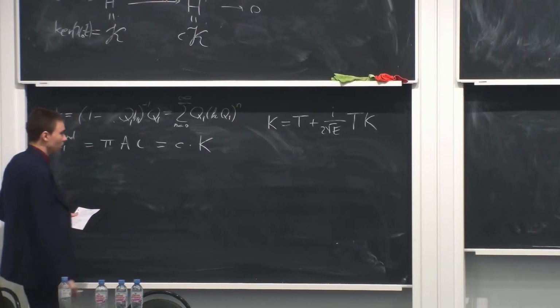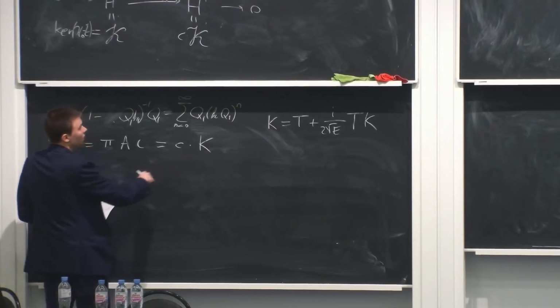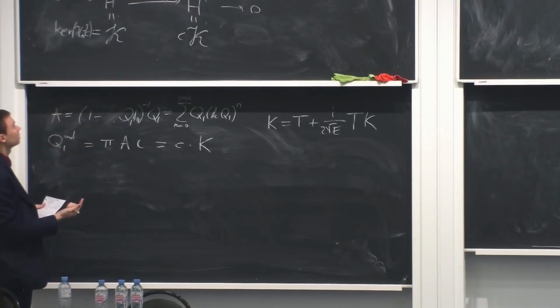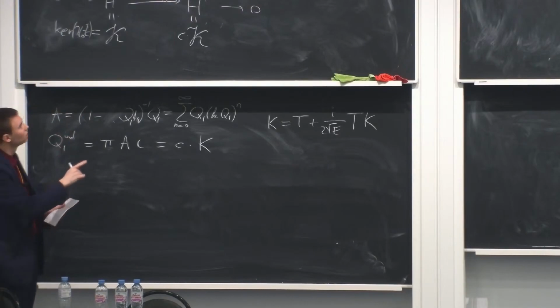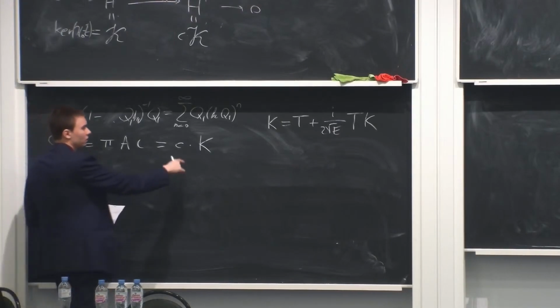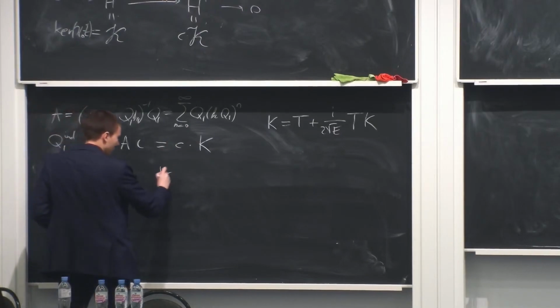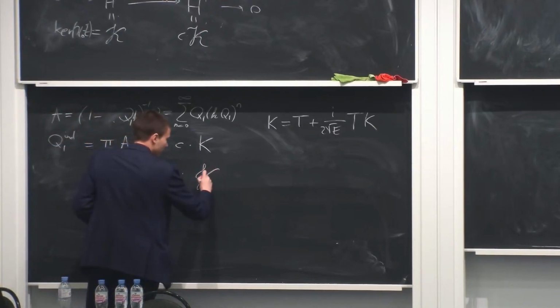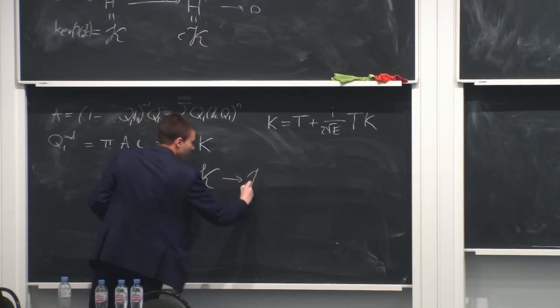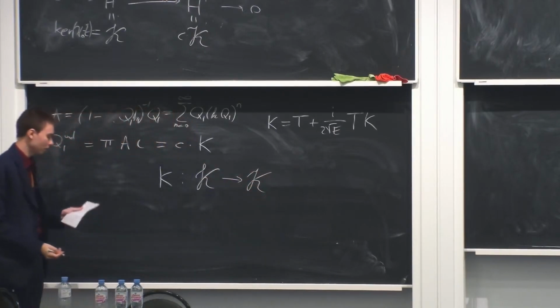All right, so this is somewhat unexpected. We made what is called a homotopy transfer, and we acquired the scattering amplitude. So this K, once again, acts from K to K. And this contains all the scattering data.